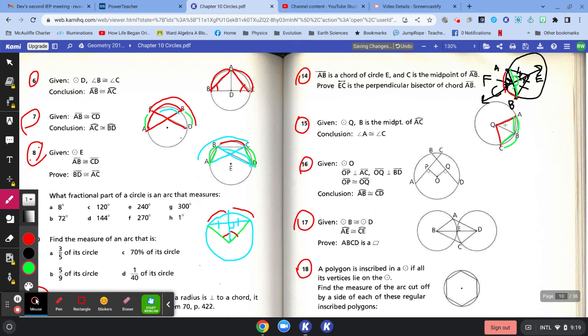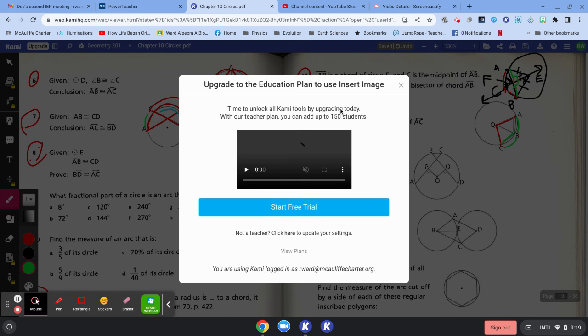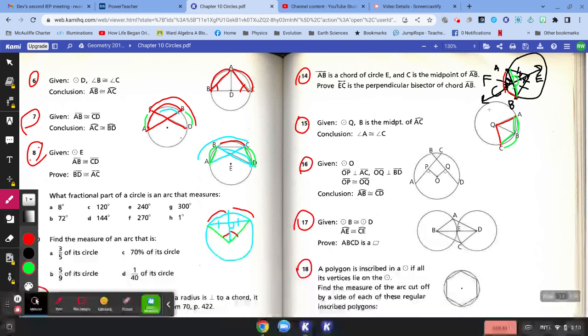And you might be tempted to use this angle, but don't use the angle. We can just use QB is congruent to itself. Okay, so QB is itself.